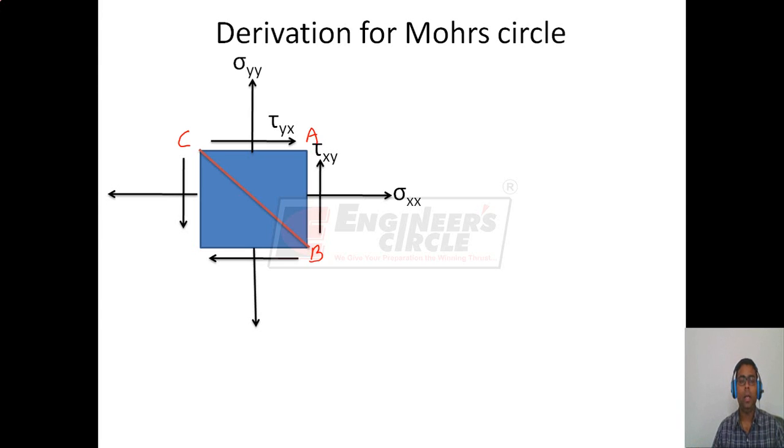We have learned that stresses on any nth plane making an angle theta with the vertical are sigma nn and tau nt.